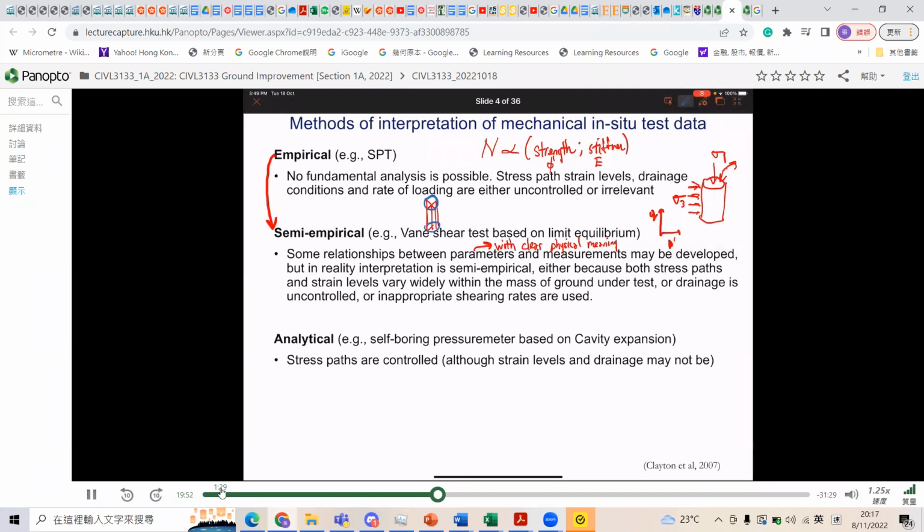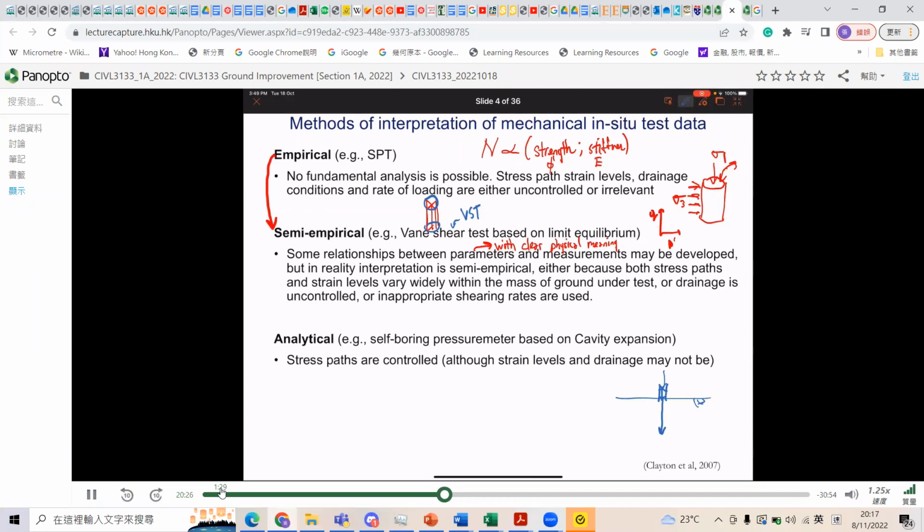Well, for the VST, the vane shear test, which we won't talk about further, we've made several assumptions. We assume that the process of penetration into the ground, we actually lower the cruciform into the ground, doesn't cause any disturbance. We assume it doesn't cause any effective stress change or shear distortion, which is highly unlikely. We assume that there's no drainage before and during shearing. This is, of course, an idealization, but not a bad one.